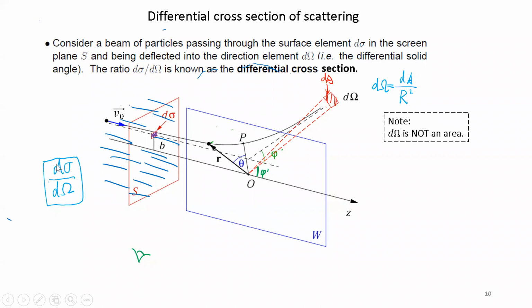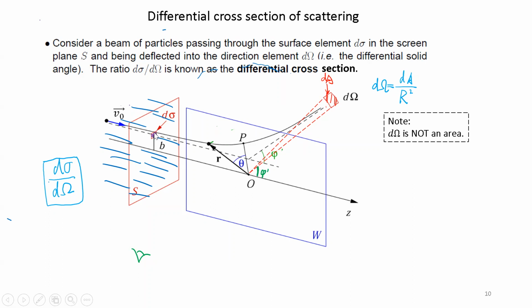But the differential scattering cross-section is this d sigma divided by this d omega. Okay, so you could imagine why this d sigma is closely related to this delta B, right? Because this d sigma over here is this area.